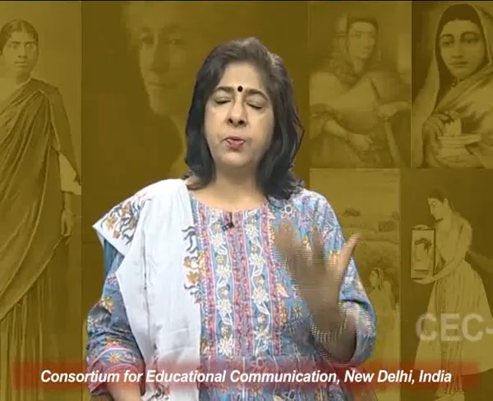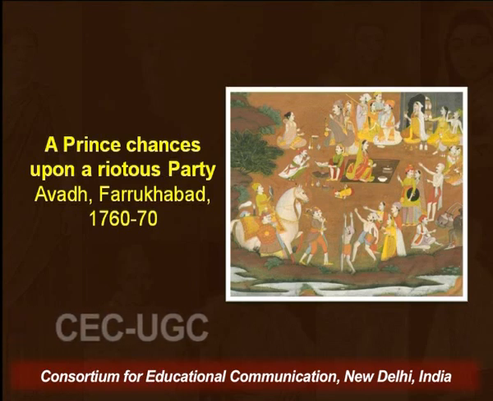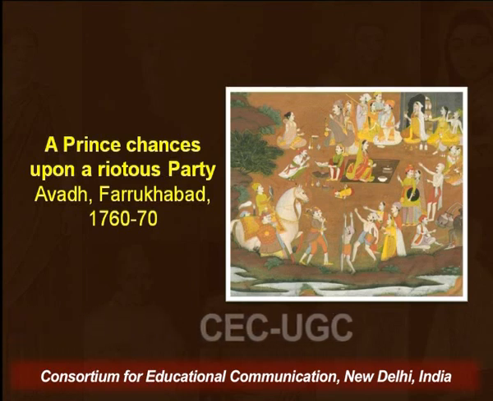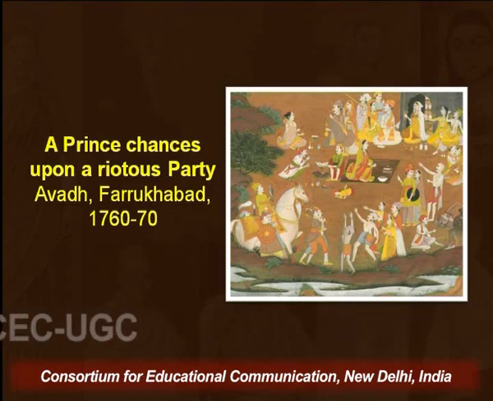So, in this painting that is being shared, which belongs to Awadh and Farrukhabad and was developed somewhere between 1760 and 1770, we can get an idea of the kind of life that must have been led by women in the public domain, or probably those not belonging to the royalty.